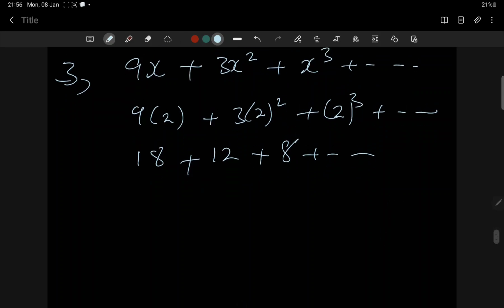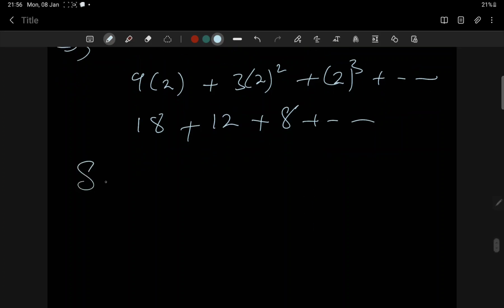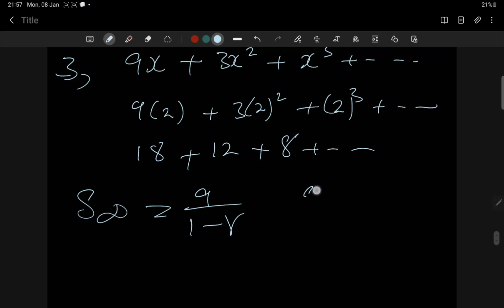Okay, this is a new series, and we need to calculate a and r, because the sum to infinity requires us to have a and also r. Our a is obviously 18.